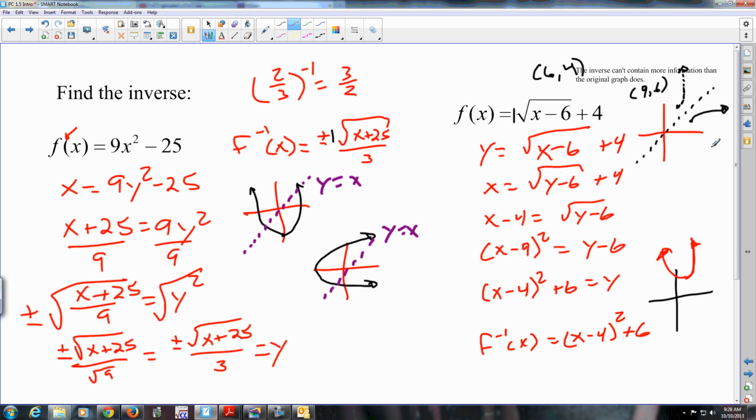Its inverse should be that, so it should be just the right side, just this piece over here. We can't allow this piece to be there. We have to restrict it. It's starting at the point (4, 6), and it's only good for x greater than 4. So this is the equation provided x is only greater than or equal to 4.